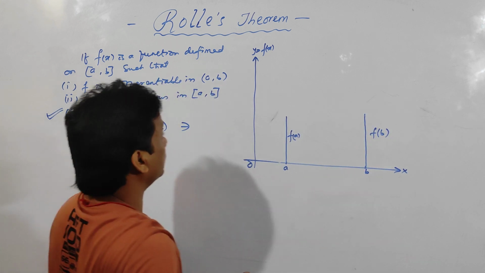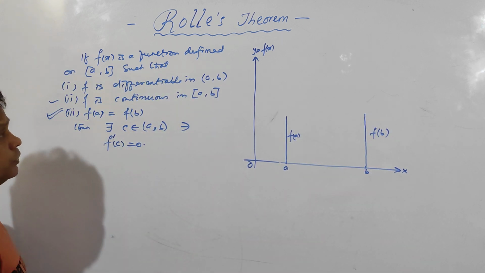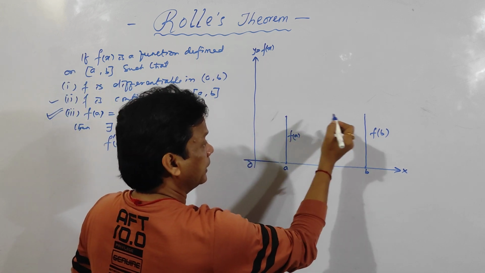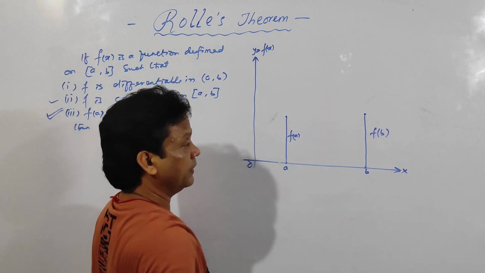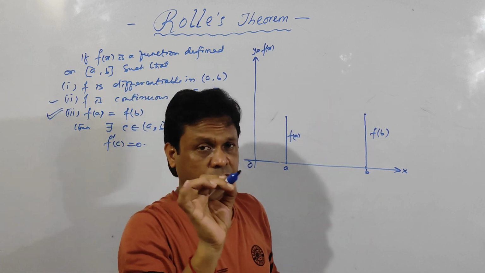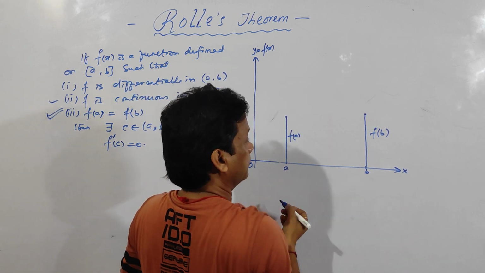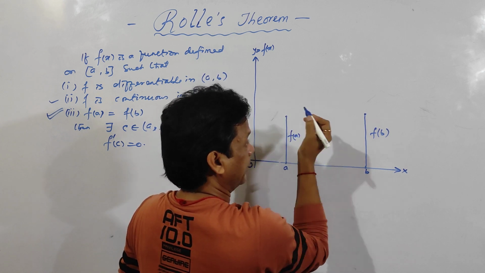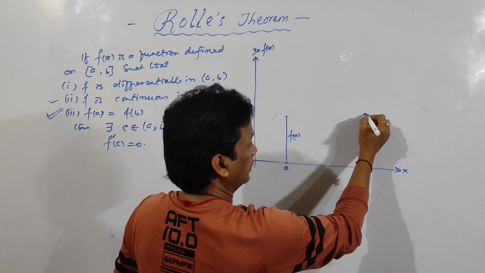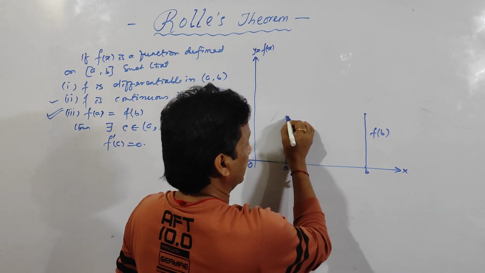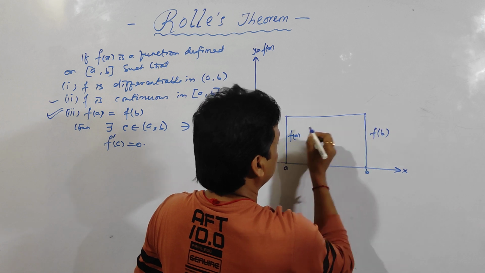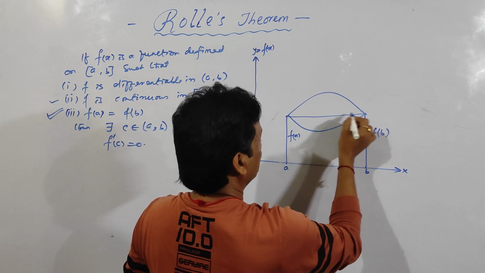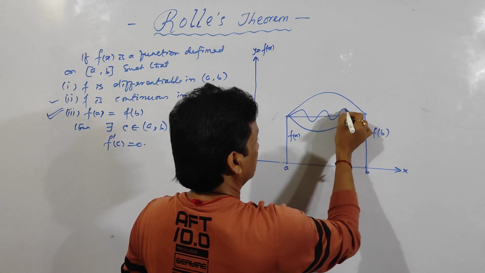And your second condition is that f is continuous in closed interval AB. That means you will start from this point and you will end at this point without any discontinuity. That means you should start from here, and by this marker you should end here. I can draw a straight line like this, or like this, or like this.